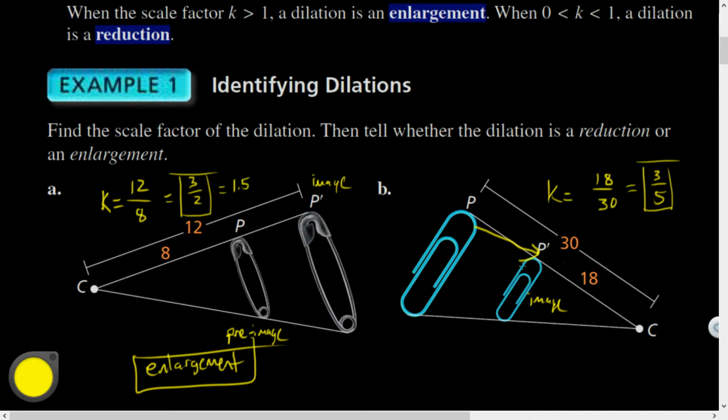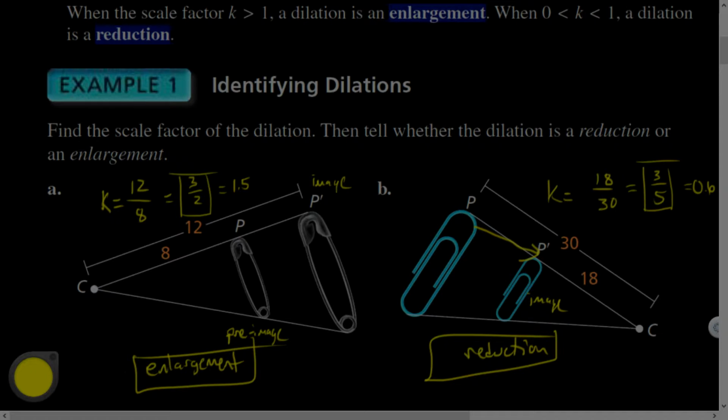You could imagine this is 60% of the original linear dimensions. And because 0.6 is between 0 and 1, it is a reduction. So really the thing you're just going to have to remember is what number goes over what number. And that's going to be your challenge.